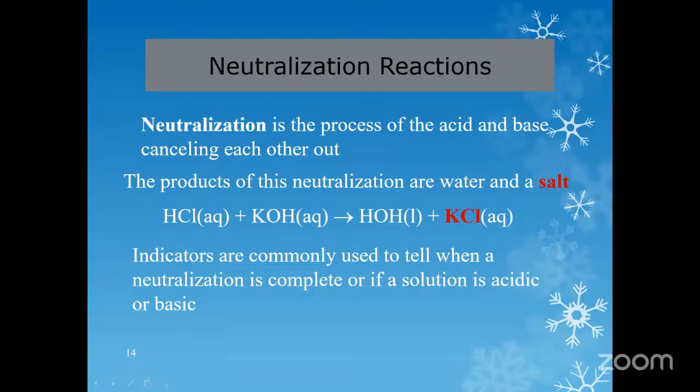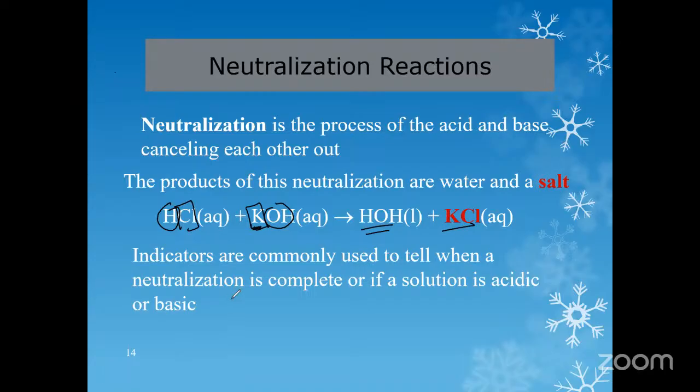Now, here's an example, the reaction between hydrochloric acid and potassium hydroxide. The hydrogen from the acid will combine with the hydroxide from the base to form your water. And what remains, the potassium, will combine with the chloride from the acid to form your salt, which in this case would be potassium chloride.